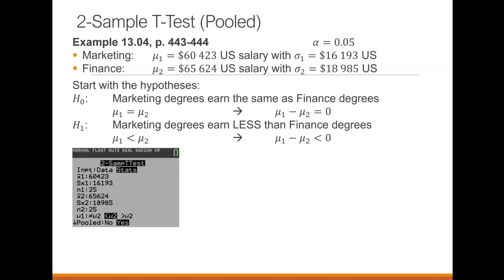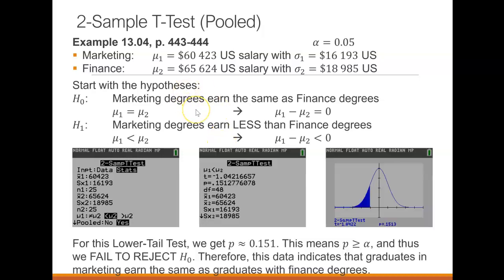And we're always doing pooled in the IB course. So our calculation is here. And our graph, if we wanted to graph it, was here.